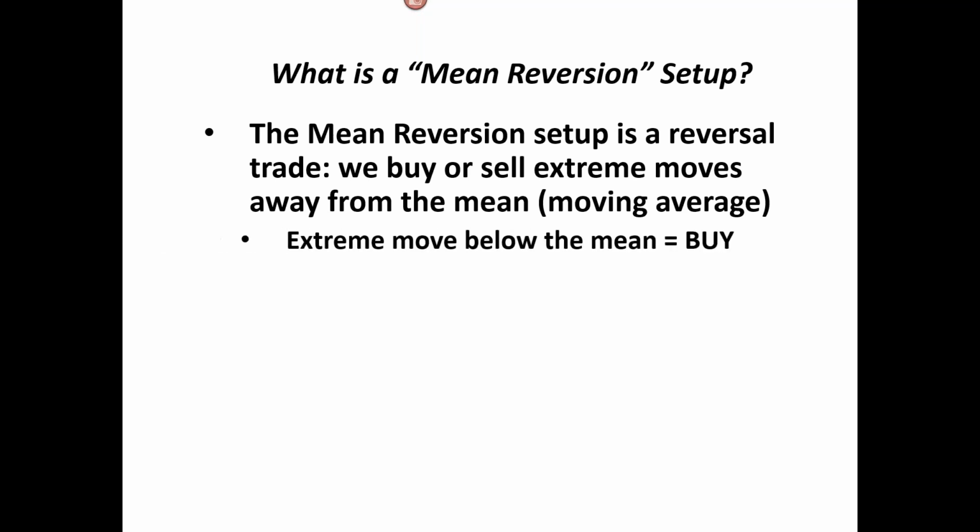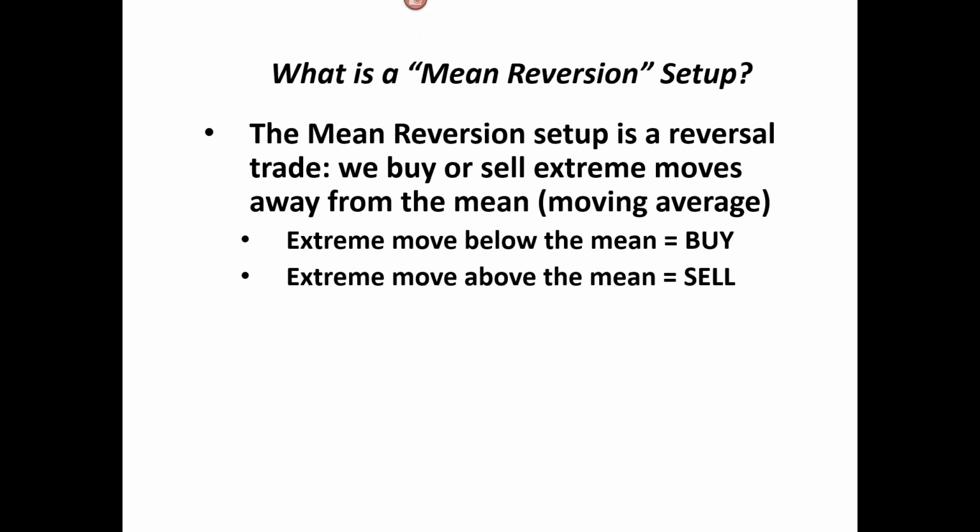So in general, our thesis is that we're going to buy extreme moves below the mean, right? An extreme move below the mean, which is an extreme sell-off in the stock or the index or the E-mini or the forex, whatever you're trading, equals a buy. And an extreme move above the mean, above the 20-period moving average, equals a sell.